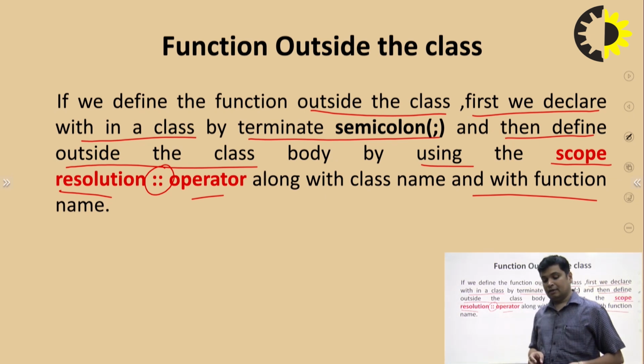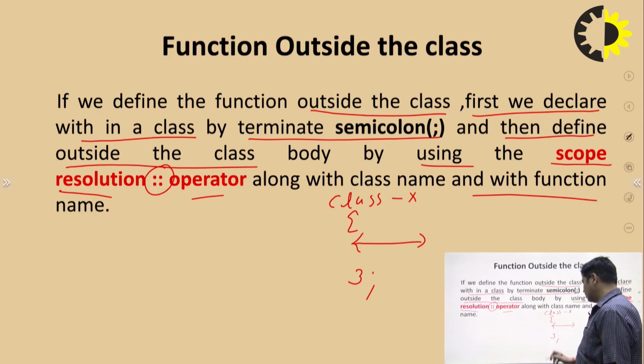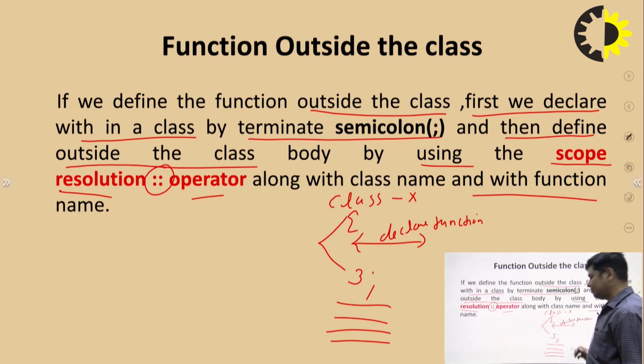It means the scenario is this: this is a class, suppose X. If you are defining the function outside the class, in that scenario first you declare the function inside the body of the class, then after that define it outside the class.